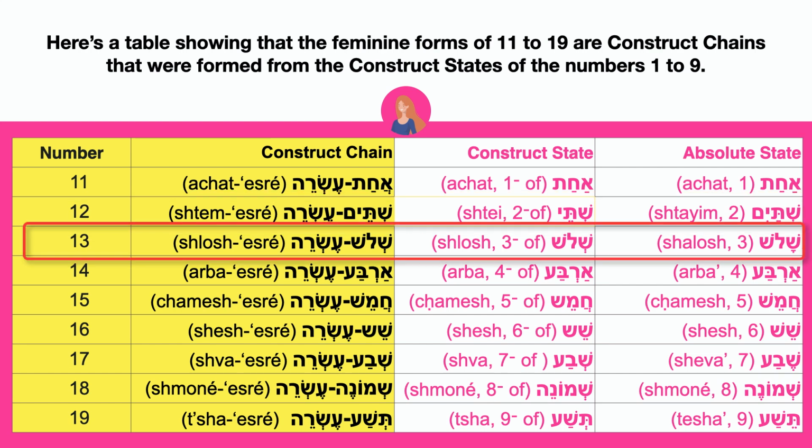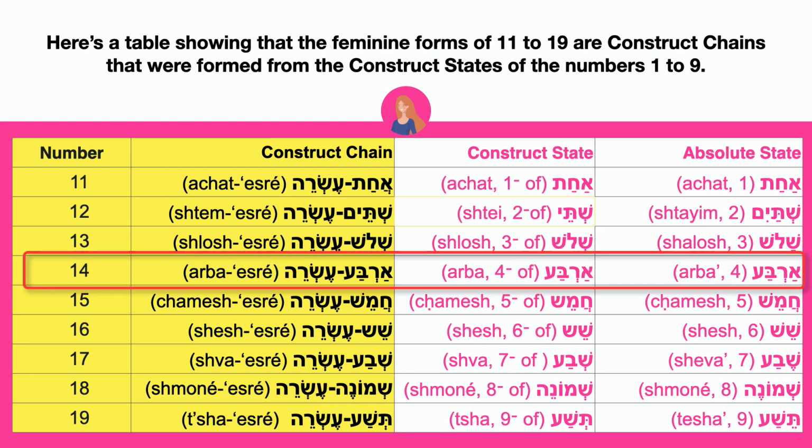Now 13: the absolute state of the number 3 in its feminine form is shalosh, but its construct state is shlosh. So when you add it to esre, the feminine 10, it becomes shlosh esre, the 3 plus the 10, 13.